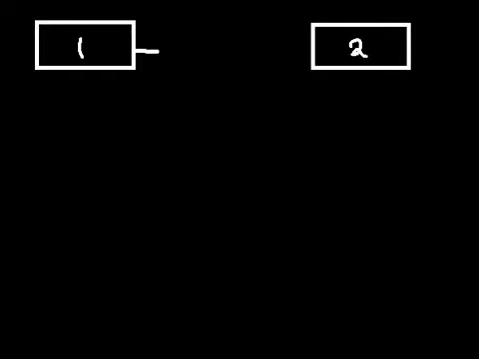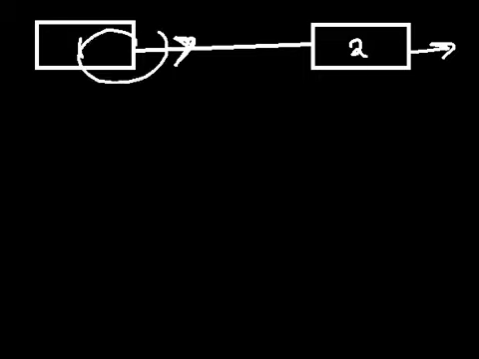Assuming that both objects are moving in a linear path, object 1 is moving in that direction and object 2 is moving in this direction. So object 1 is chasing object 2, that is, it is behind object 2.